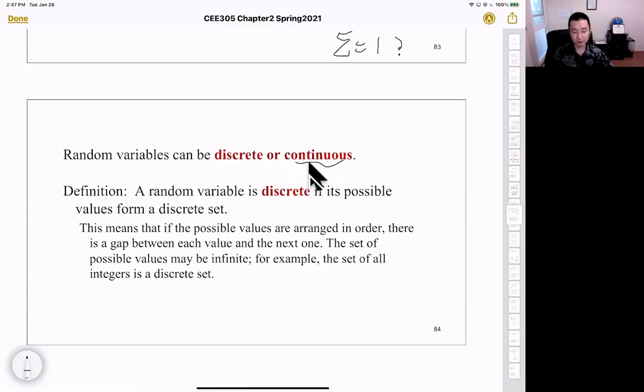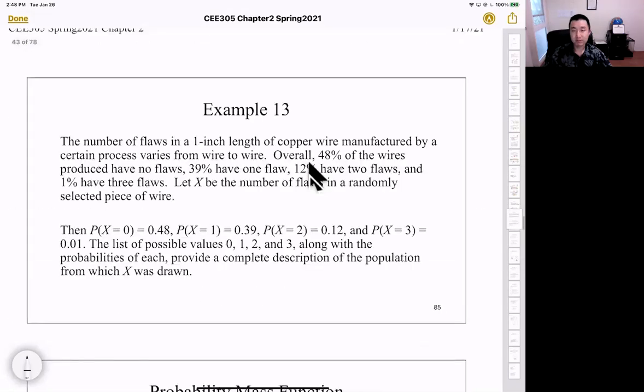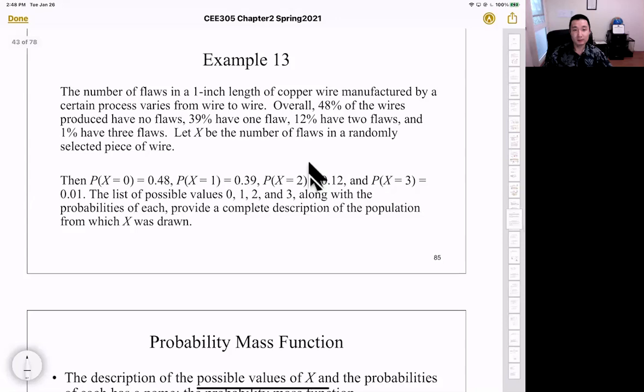Here is another example. The number of flaws in a 1-inch length of copper wire varies from wire to wire. Overall, 48% of the wires produce no flaw, 39% have 1 flaw, 12% have 2 flaws, and 1% have 3 flaws.